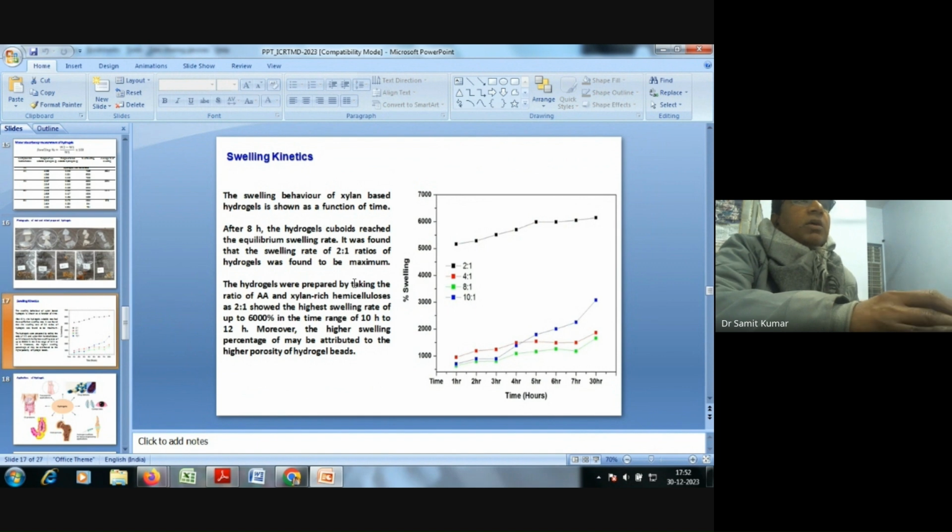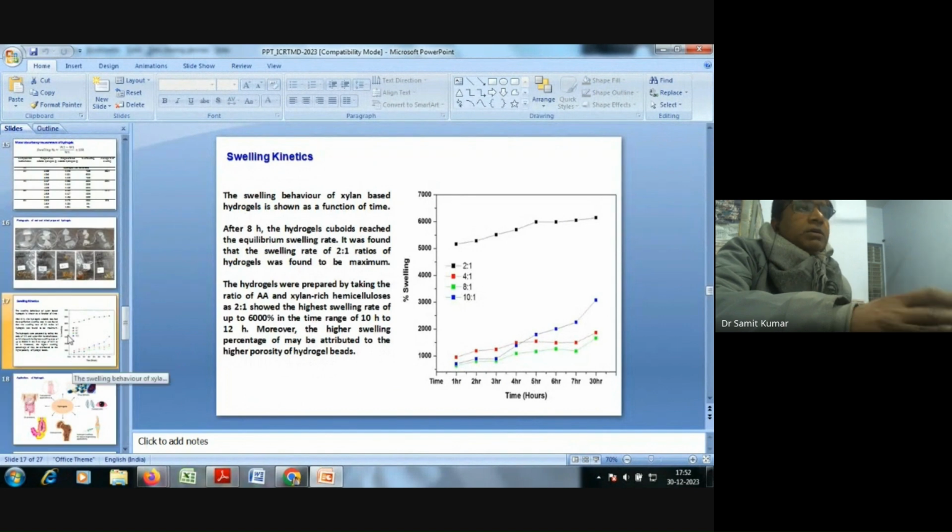Swelling kinetics is also observed to be maximum by taking the 2:1 ratio of acrylic acid to Xylan, and the swelling ratio is 6,000% in the time range of 10 hours to 12 hours. Moreover, the high swelling percentage may be attributed to the high porosity of hydrogel beds.